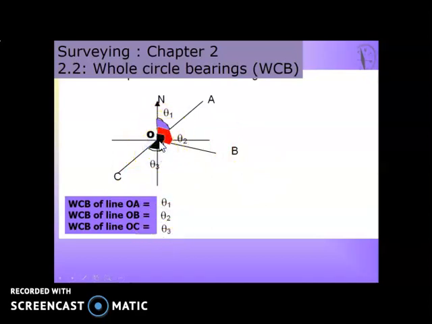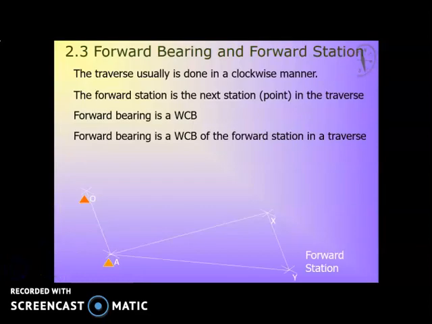Now that you have understood the concept of whole circle bearing, let's look at another type of bearing called the forward bearing. Before we look at forward bearing, let me explain a little bit in terms of how we use a total station to carry out a traverse or a data collection exercise.